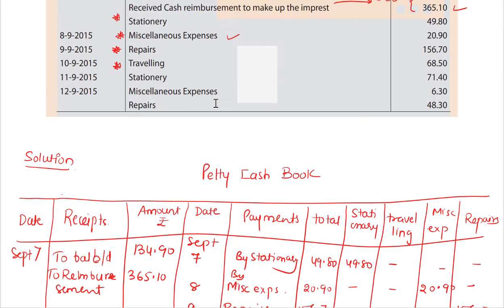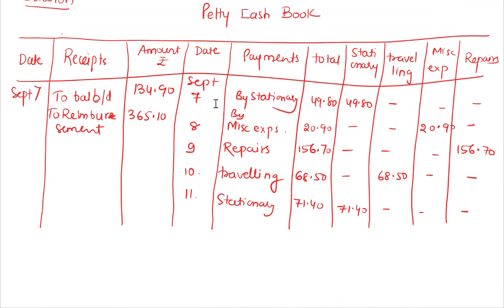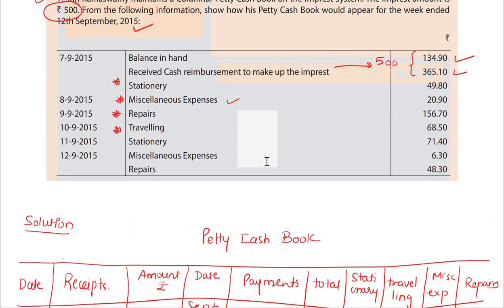On 12th of September, we have miscellaneous expenses 6.30. We have written like that.